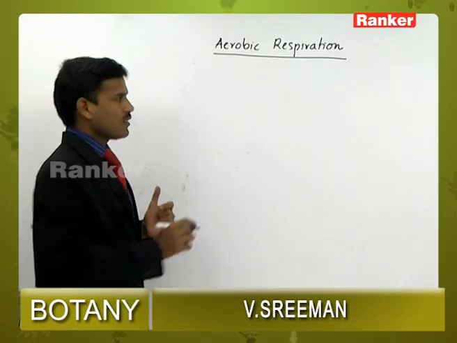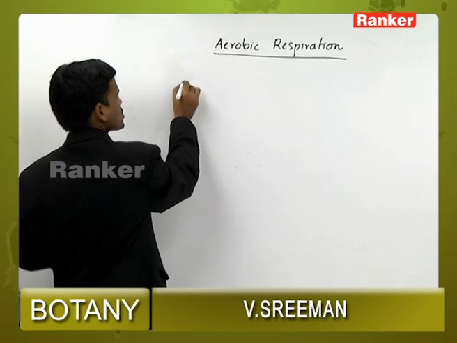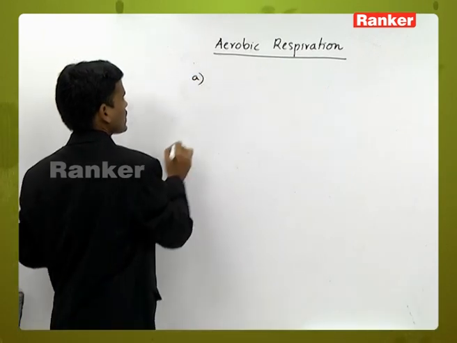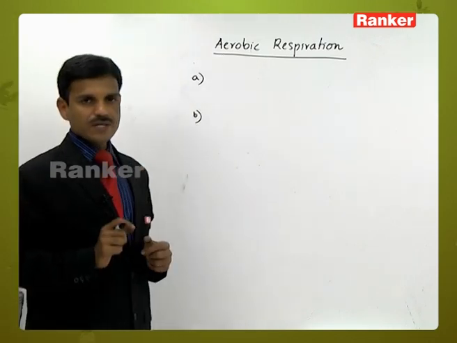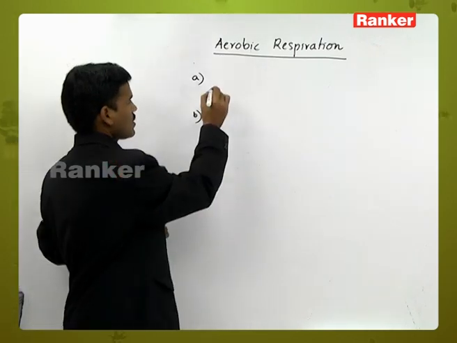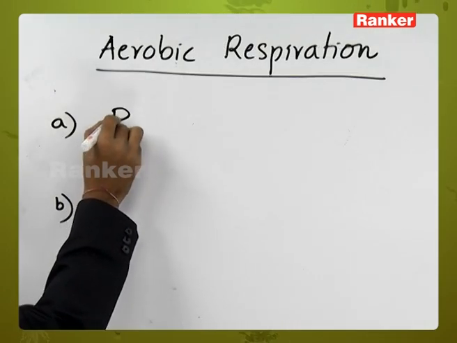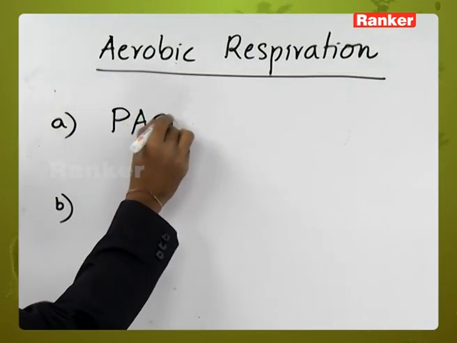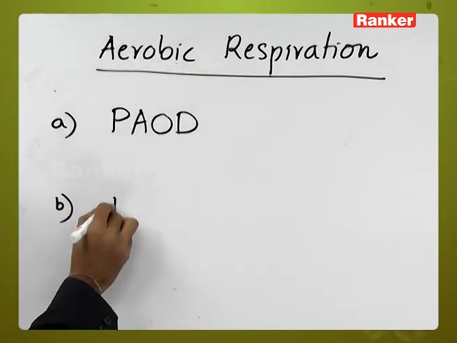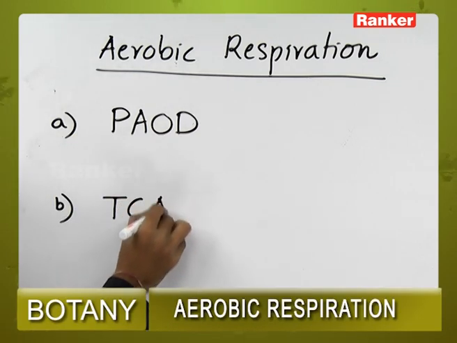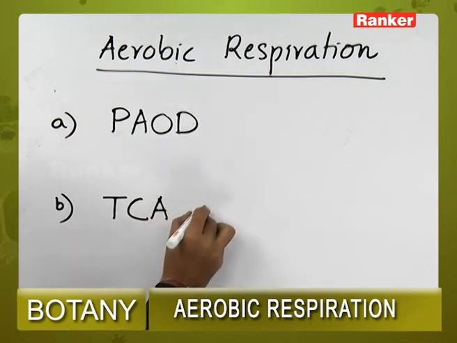In aerobic respiration, after glycolysis, two steps are there. The first step is pyruvic acid oxidative decarboxylation, and the second step is the TCA cycle, or tricarboxylic acid cycle.